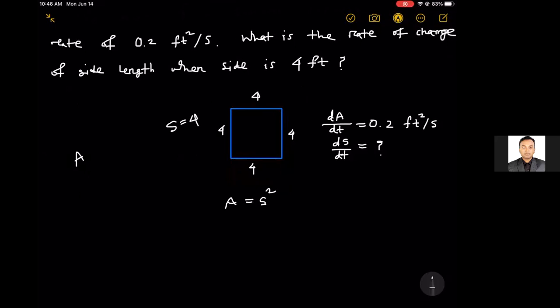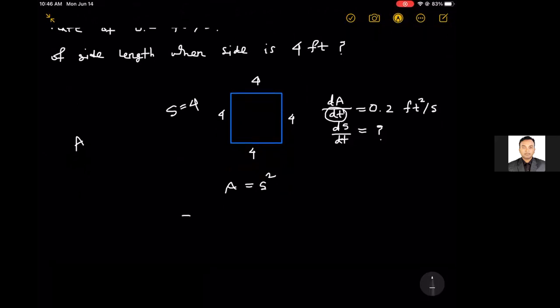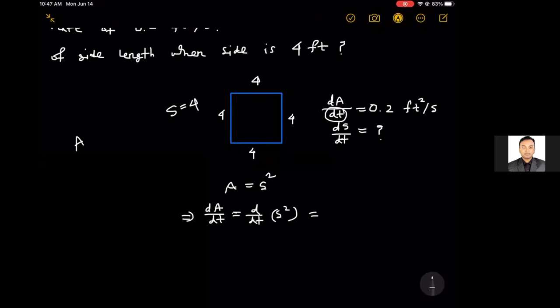Okay, now, obviously, we know we need to take the derivative in terms of t. Let's do that. dA over dt equals d/dt of s squared. What's the derivative of s squared in terms of t? That should be pretty easy. We have already done it a couple of times. Anyone?